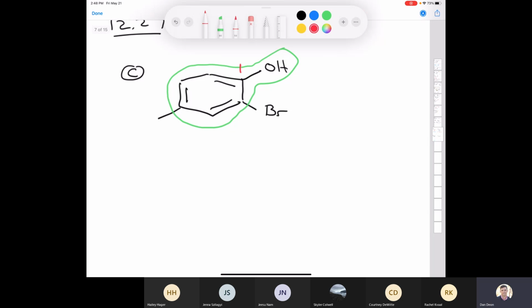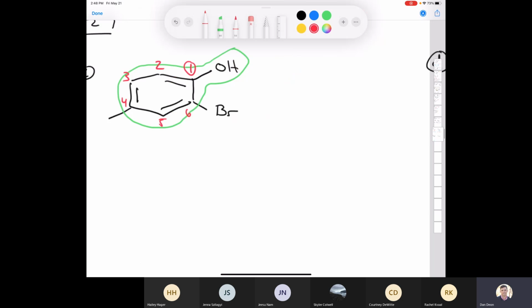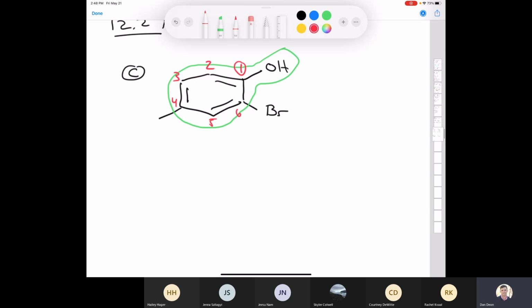Now, when it comes to numbering the rest of the carbons, we can either go counterclockwise 1, 2, 3, 4, 5, 6, but that gives our first substituent 4 as a locant, whereas if we went in reverse 1, 2, 3, 4, then we give our first locant the number 2, which is lower than a 4.